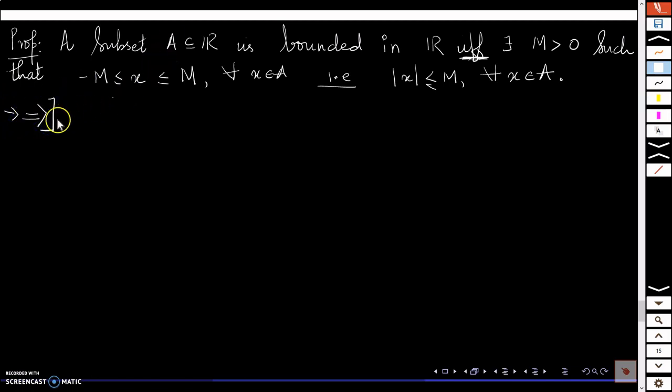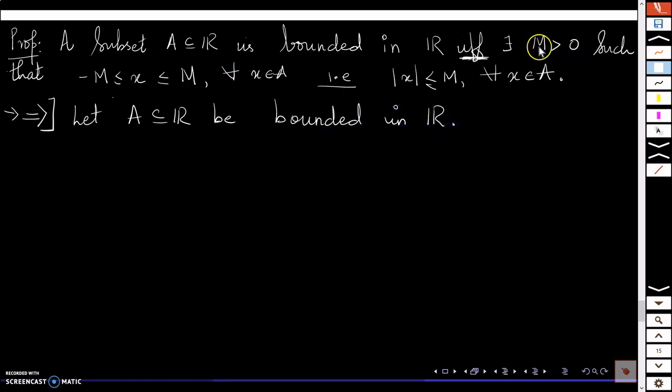So first I'll assume that A is bounded. Supposing A is bounded in R, right? So what we have to prove? We have to prove that there exists a positive real number m such that mod x is less than or equal to m. Once we do this, one side will be done.